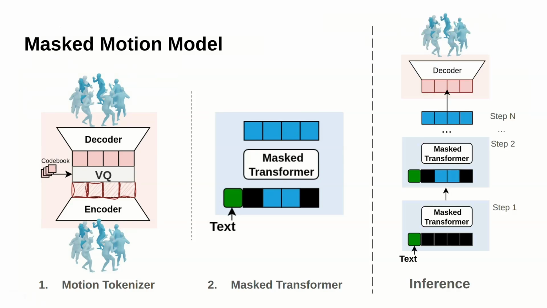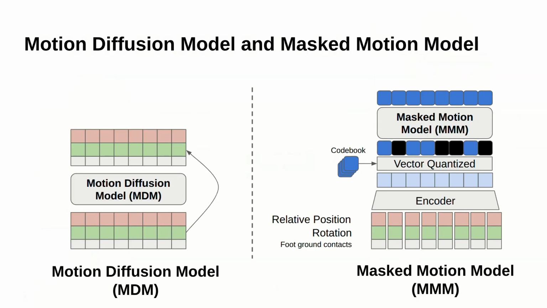During inference, it starts with all tokens masked, and gradually unmasks them by selecting the highest probability tokens until all tokens are predicted. Unlike motion diffusion models that operate directly in continuous motion space, the masked motion model encodes and quantizes different types of motion data into a discrete latent space.